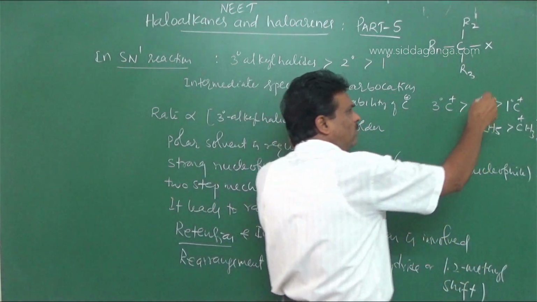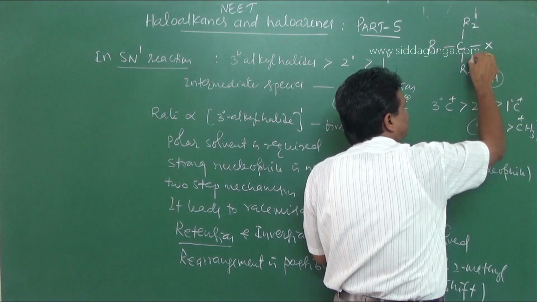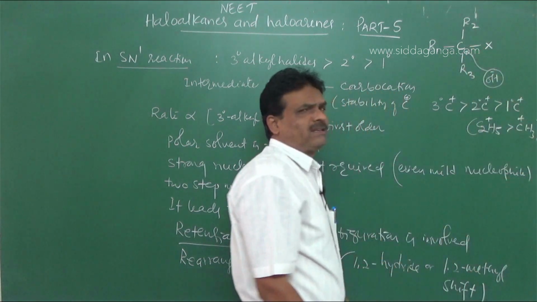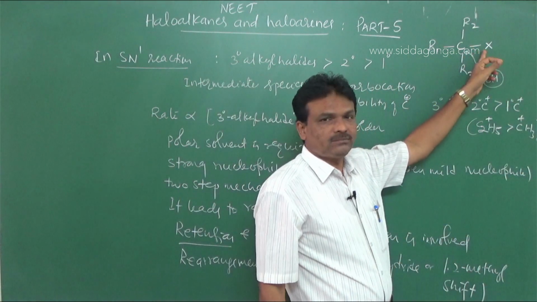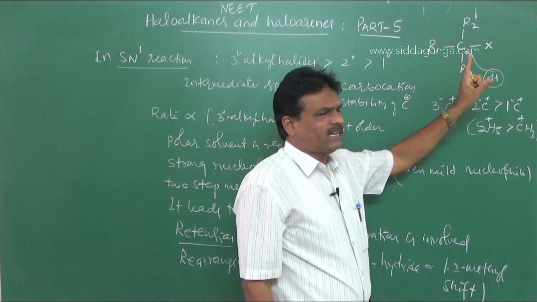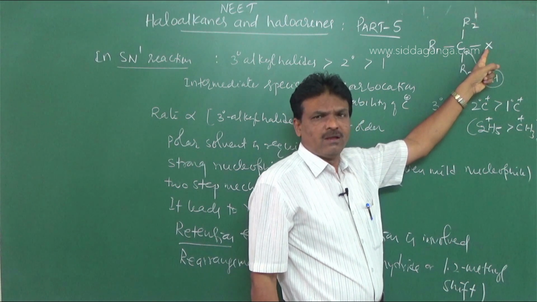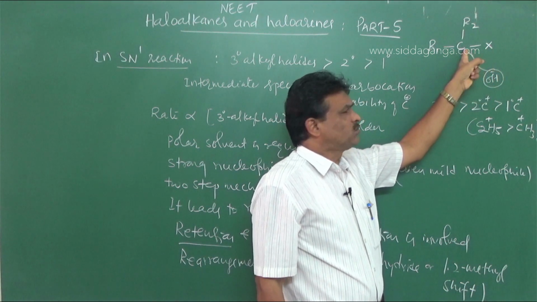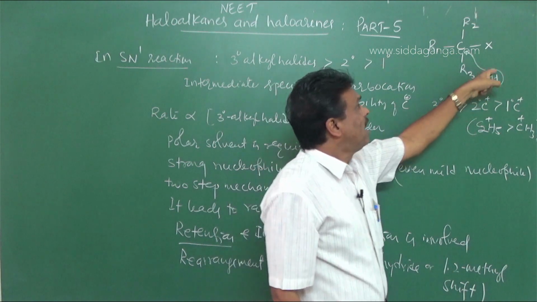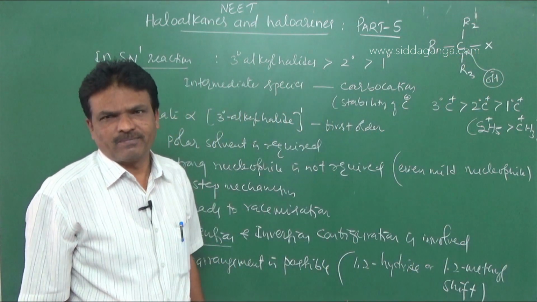If the nucleophile OH minus attacks the carbon atom that carries the halogen, there are two possibilities. The nucleophile attacks this carbon atom from the same side as the halogen, or it attacks the carbon from the side opposite to the halogen.